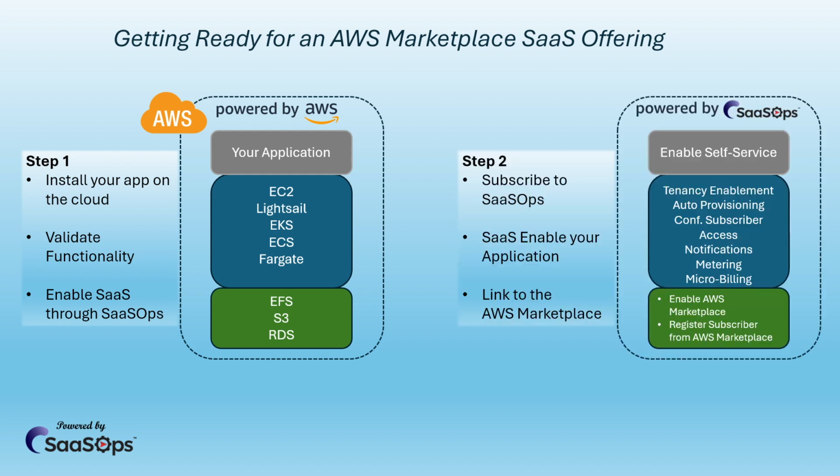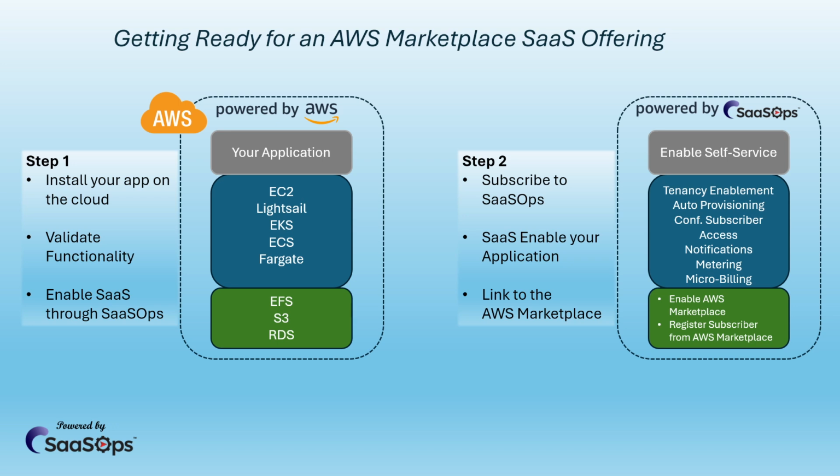Okay, step 2, you can subscribe to SaaSOps. SaaSOps is available on the AWS Marketplace, or Corinth representatives can help you get subscribed and access to SaaSOps. But here's where you're going to enable the self-service and fulfill all of the requirements that the AWS Marketplace has for SaaS offerings. So we're going to automate the process of your tenant enablement.